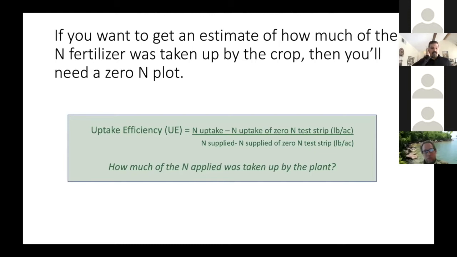So when we do that for field corn, so intensively monitored corn grain fields, we have a median uptake efficiency of almost 60%, with, again, 25% of the farm fields we tested getting 80% or higher. Those are pretty high values. So it is possible to be pretty efficient with the nitrogen that you're applying, but that'll vary greatly based on a lot of different reasons.